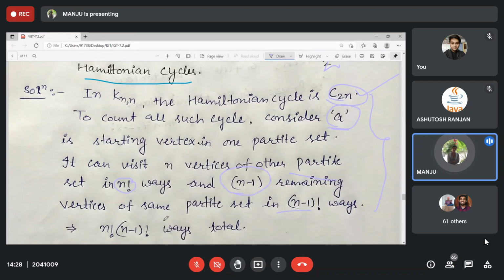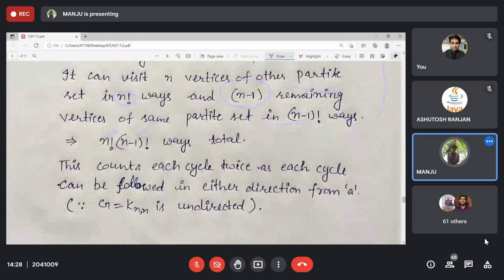So the total ways will be, we have to visit both, so that's why multiplication. And as I told you, this is counting each cycle twice, because you can go in the forward direction or in this direction, from either direction, this way or this way. Clear?